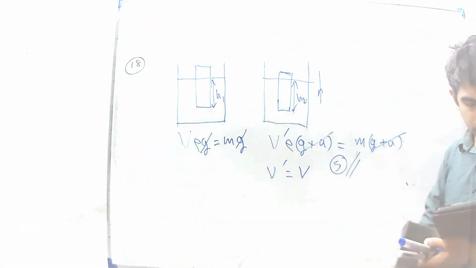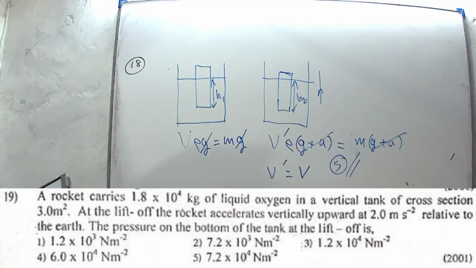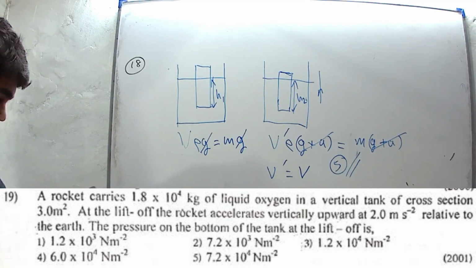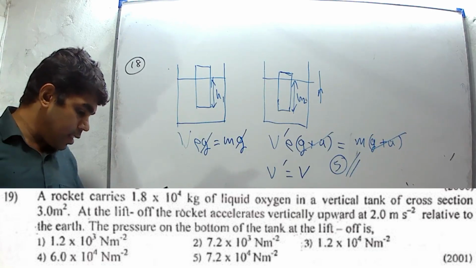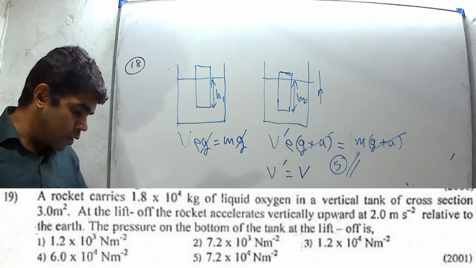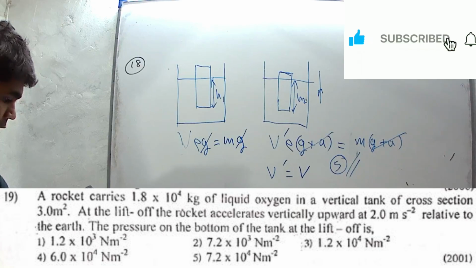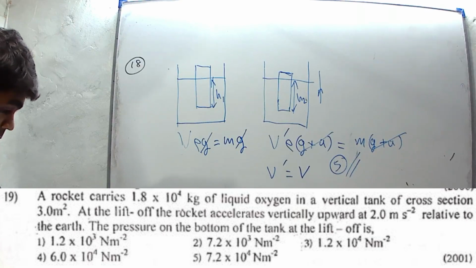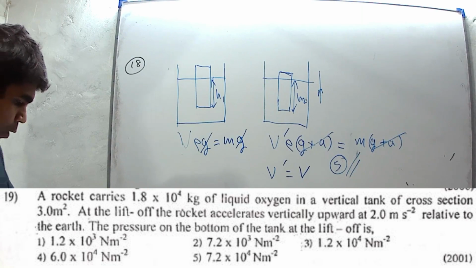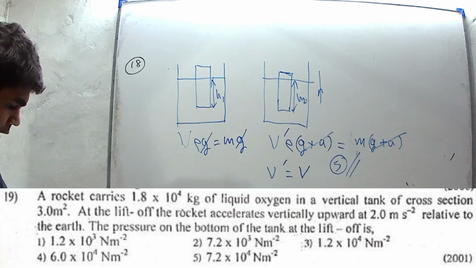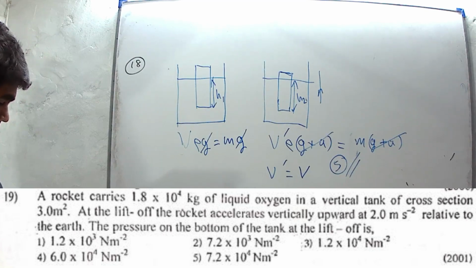Then 19. The rocket carries 1.8 into 10 to the power 4 kilogram of liquid oxygen in a vertical tank of cross-sectional area 3 square meters. At the lift off, the rocket accelerates vertically upward at 2 meters per square second relative to the earth.